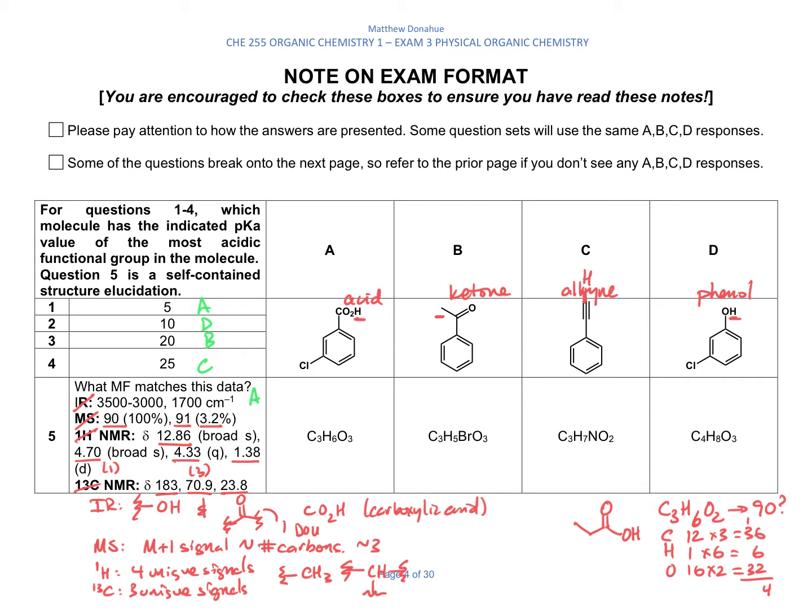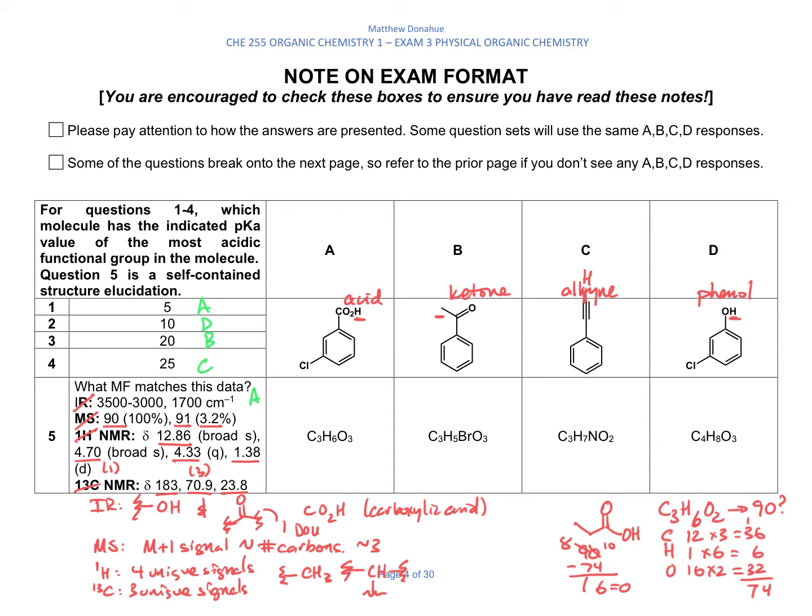Carry the 1 up. 3, 3. So we get 74. So that's not 90. So what is the difference here? 90 minus 74. So that's going to get us 16. So 16 is equal to oxygen.